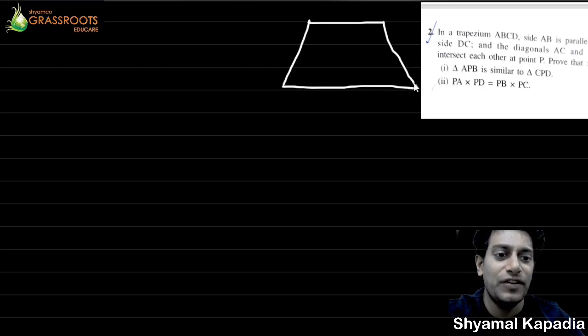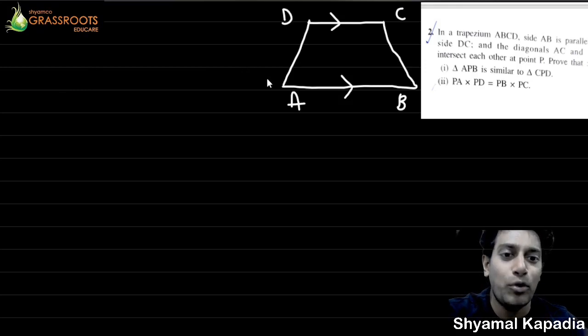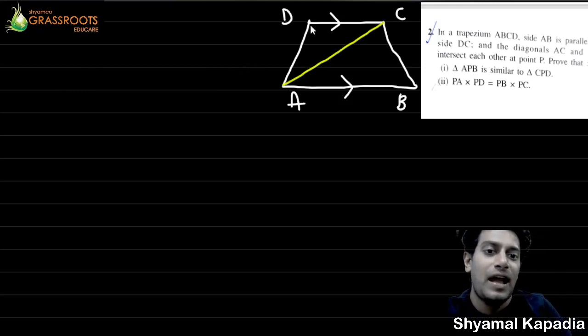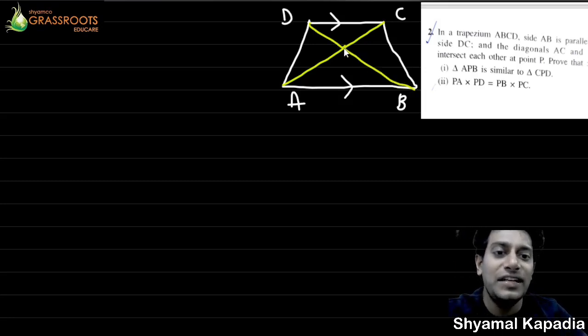It's difficult. Okay, so this is A, B, C and D, where I have been told that these two lines are parallel to each other. Fine. The next part of the sum is the diagonals meet each other at point P. Now if I join this and if I join this, the diagonals are intersecting at point P. That's what they have said.